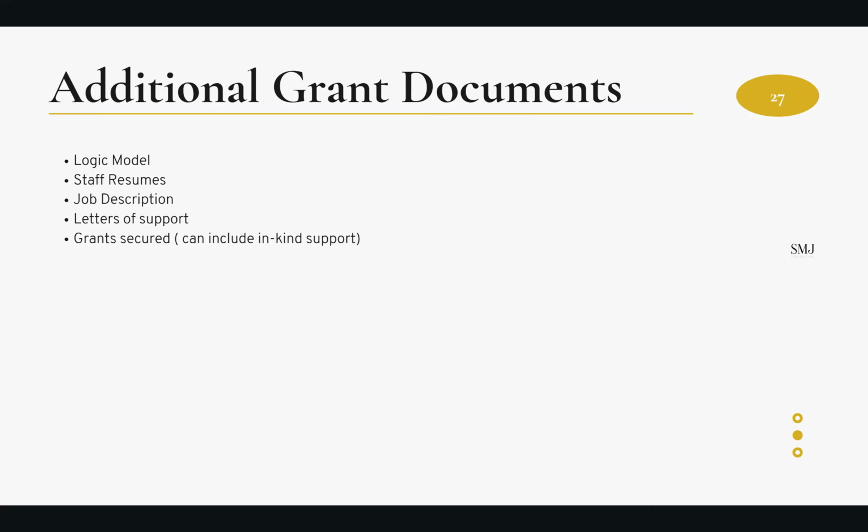This presentation was created to help your organization understand the type of content that is needed for a grant application. As you can recall from the examples, they were very brief.